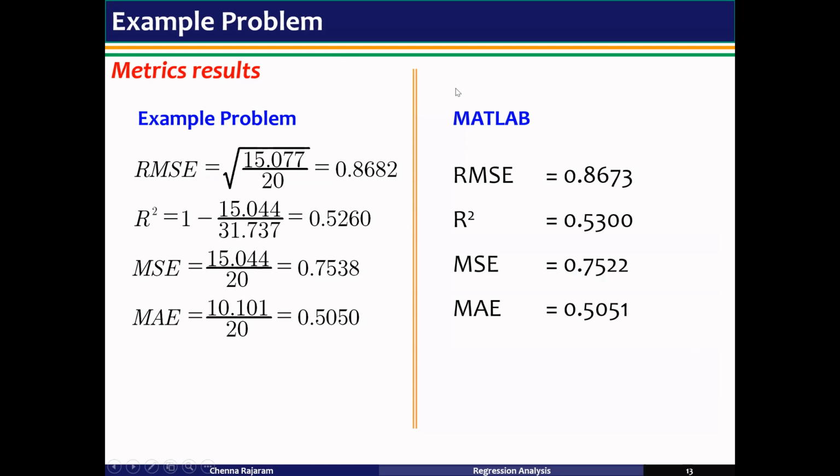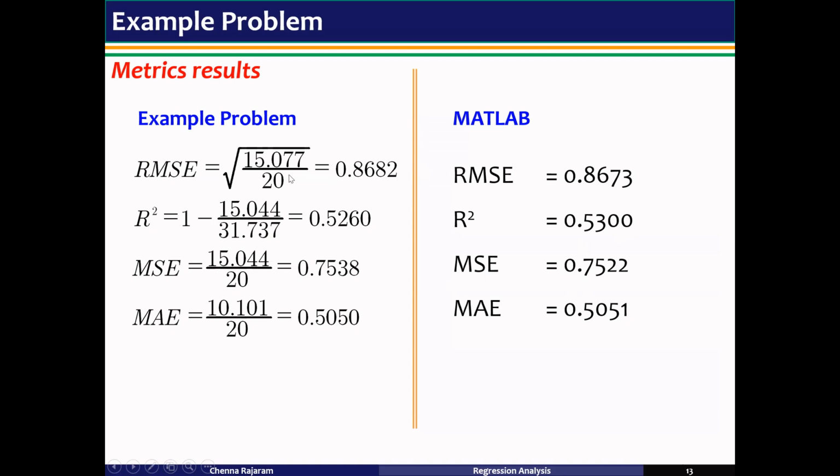The values are also calculated through MATLAB software. RMSE is equal to 0.8673, R square is equal to 0.53, MSE 0.752, MAE is 0.505.